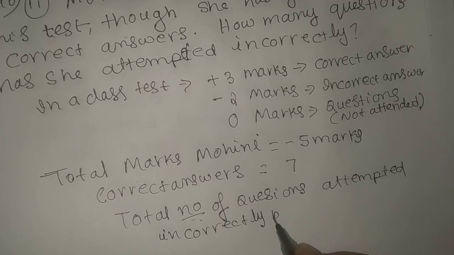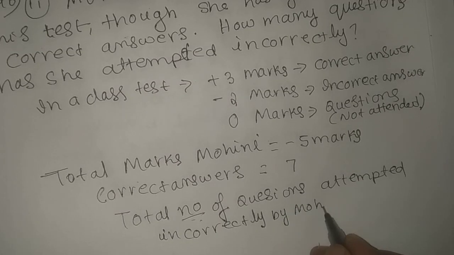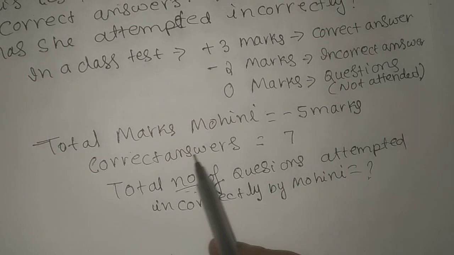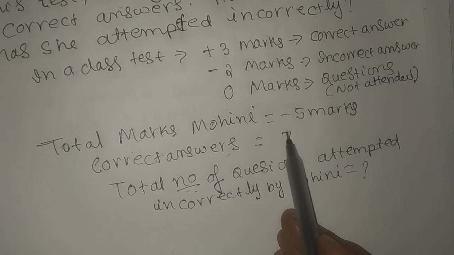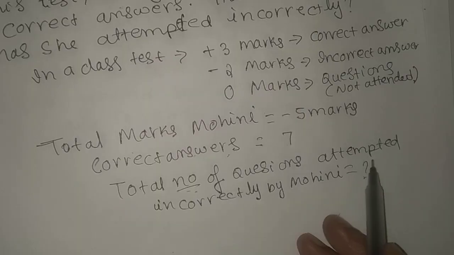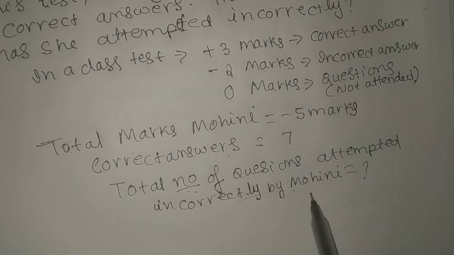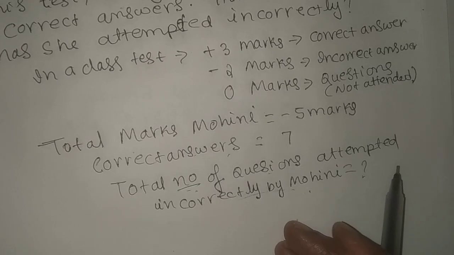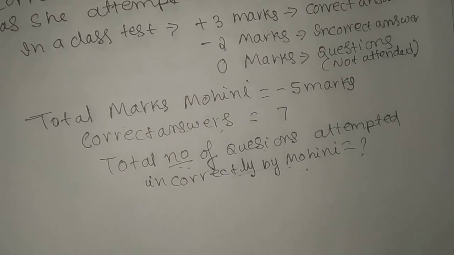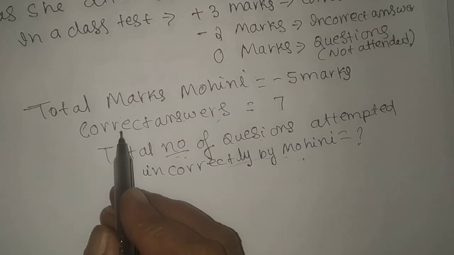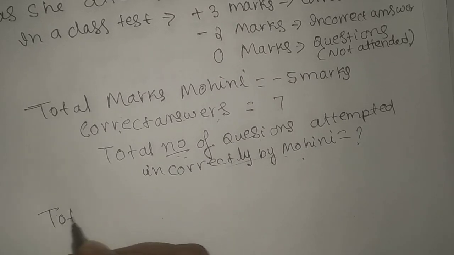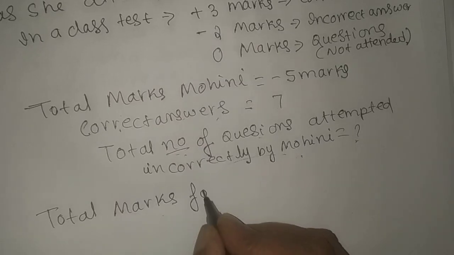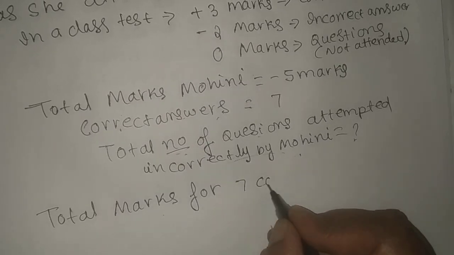So total marks is given, she got minus 5. So number of correct questions is 7. Total number of questions attempted incorrectly by Mohini is how much? So these are the data given. So first we'll calculate total marks for 7 correct answers.